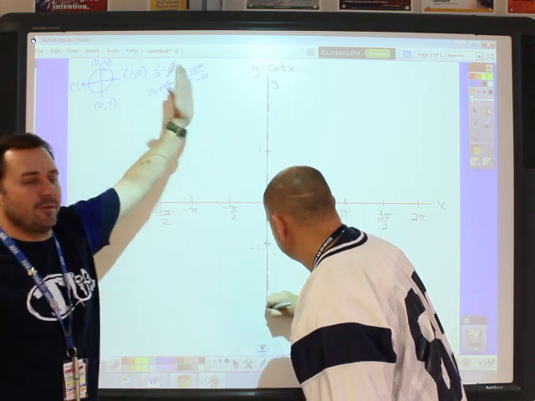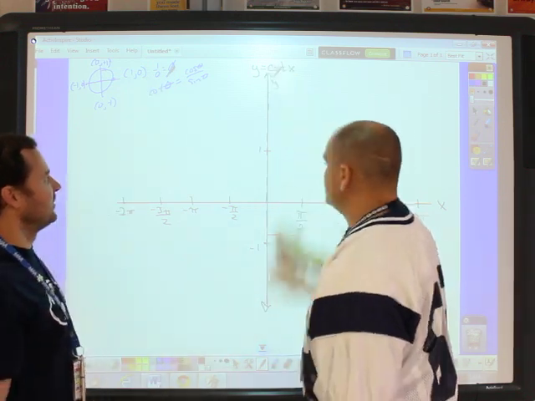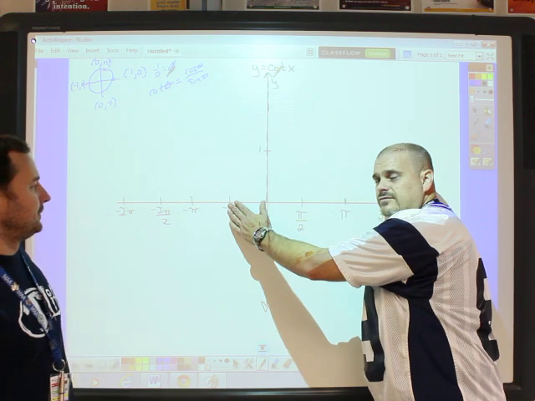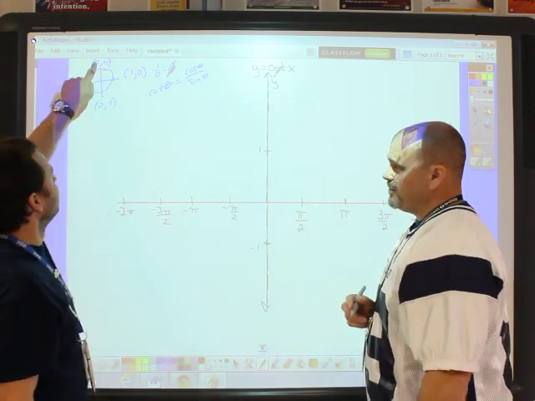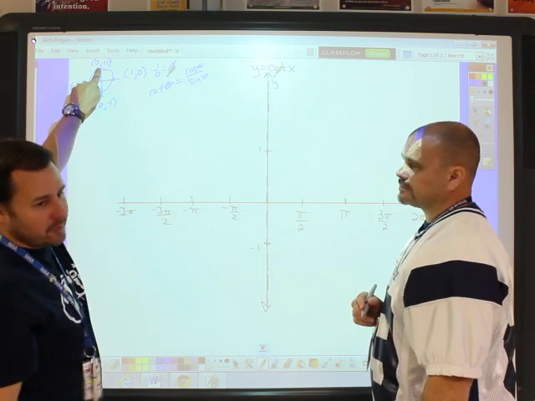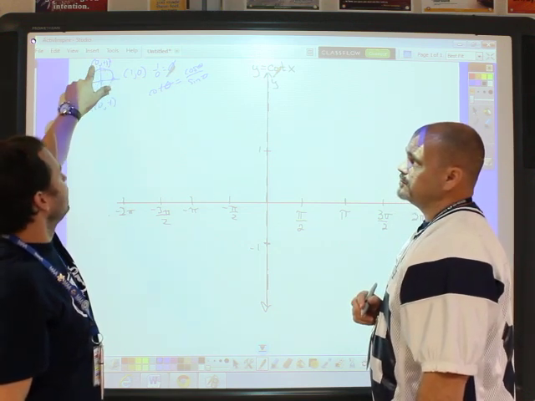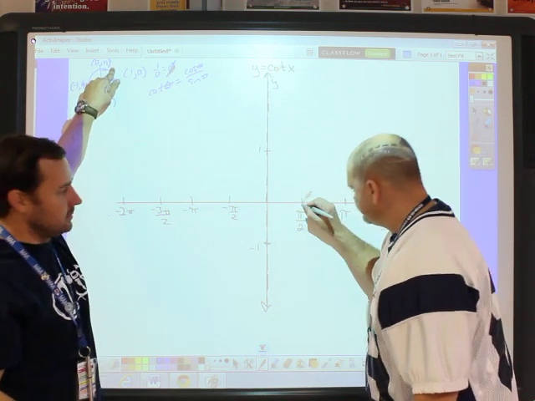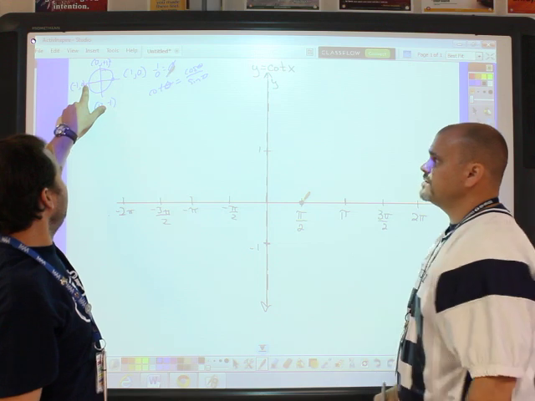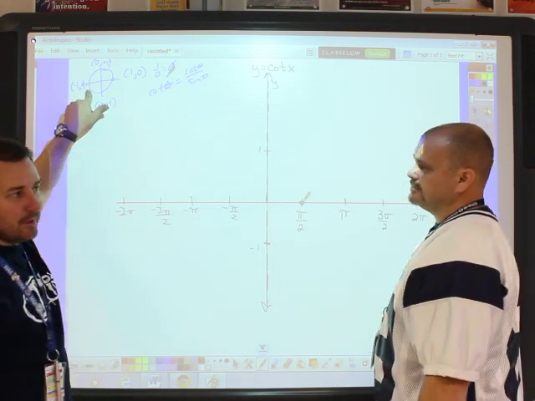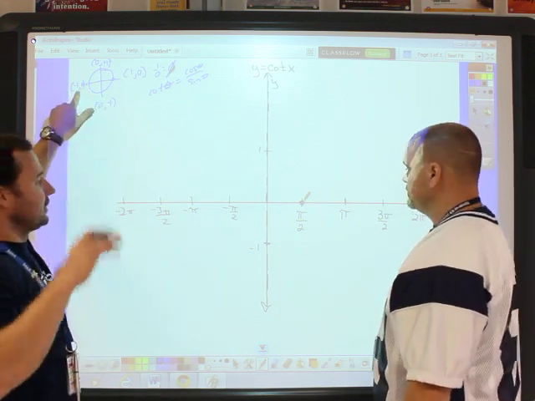A vertical asymptote on the y-axis. Interesting. Not at negative pi over 2, but the y-axis. So already we see some differences. What's at pi over 2, or 90 degrees? x over y, 0 over 1. That will be 0. What about pi? At pi, I'm at negative 1, 0. x over y, negative 1 over 0.